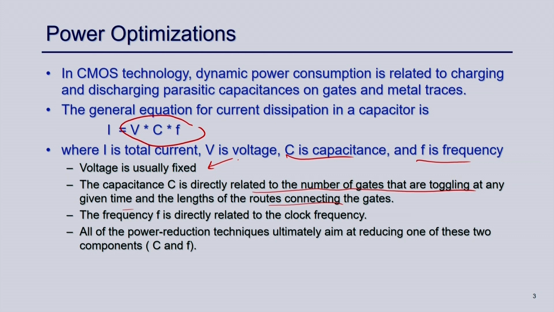The third parameter is the frequency, which is the clock frequency, and the power consumption is also directly proportional to it. So, primarily, the techniques we are going to talk about for power optimization, or making the design run on low power, target either reducing the capacitance or the frequency of your design. Capacitance means the number of togglings in your design. These are the two key parameters, and most of the optimization techniques applied in digital designs play on these two parameters only.